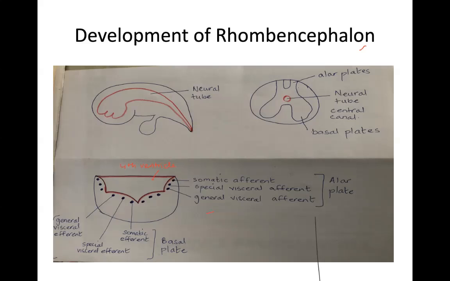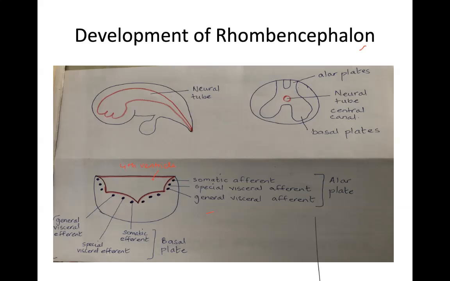Now we're talking about rhombencephalon. I want you to understand that in the diagram of the spinal cord that you see, the alar plates are present dorsally and the basal plates are ventrally when you talk of them in relation to the central canal.